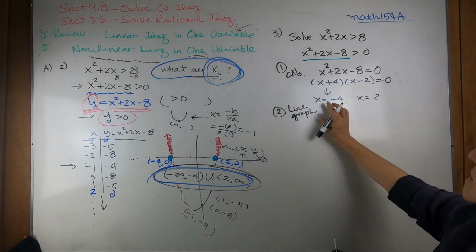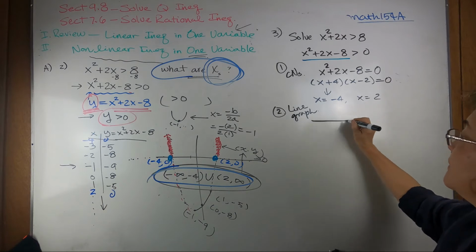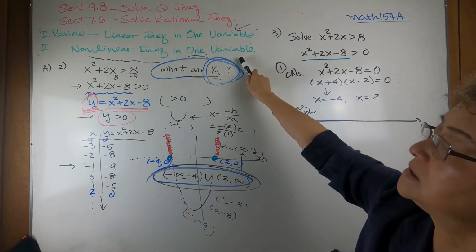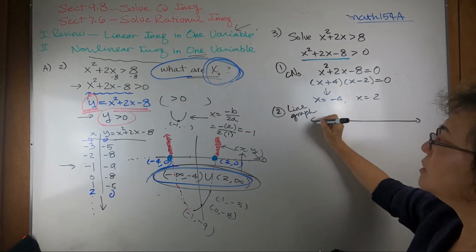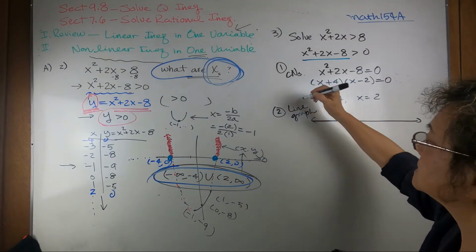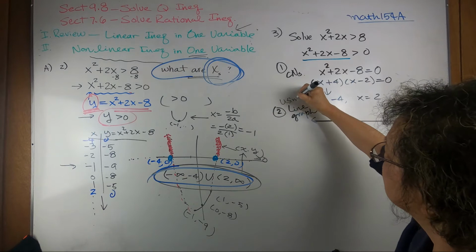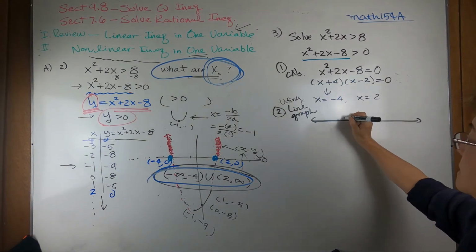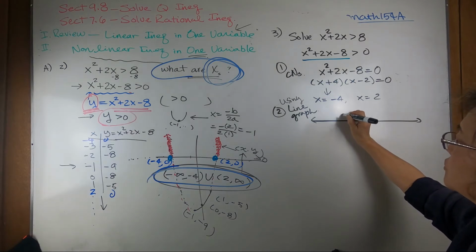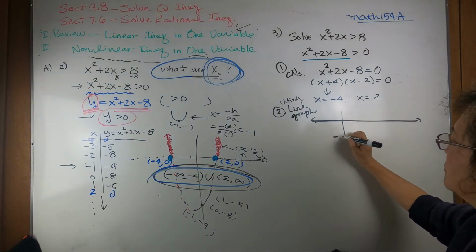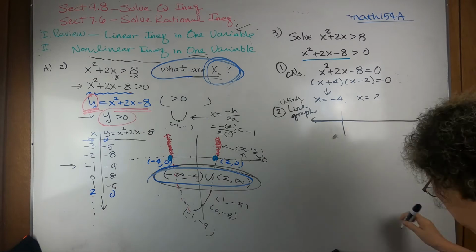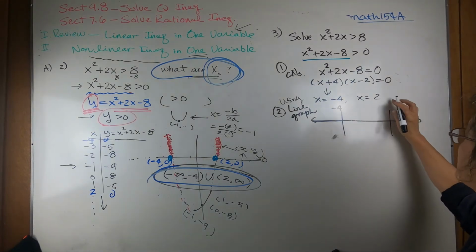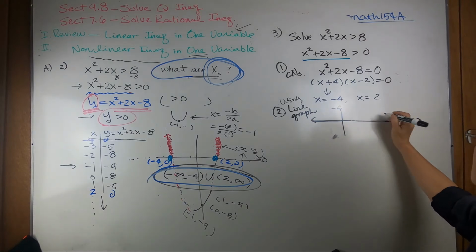Because x is just one variable, we are solving nonlinear inequalities in one variable, so we use a line graph. From the line, write down your critical numbers. One is negative 4. One is 2.